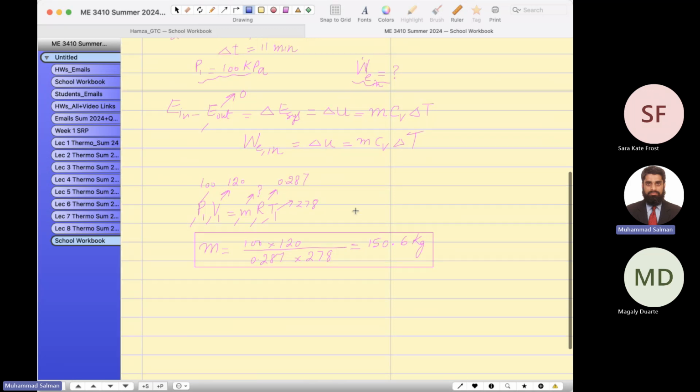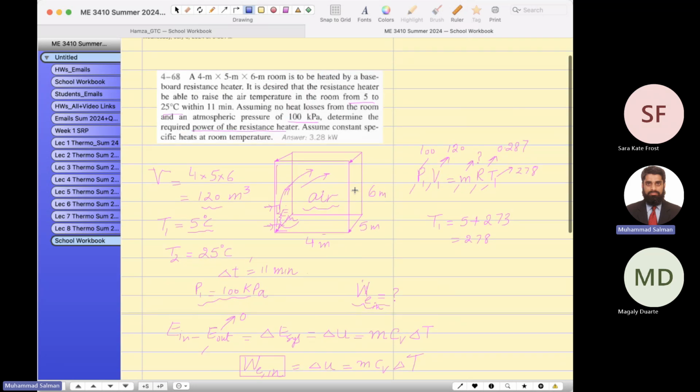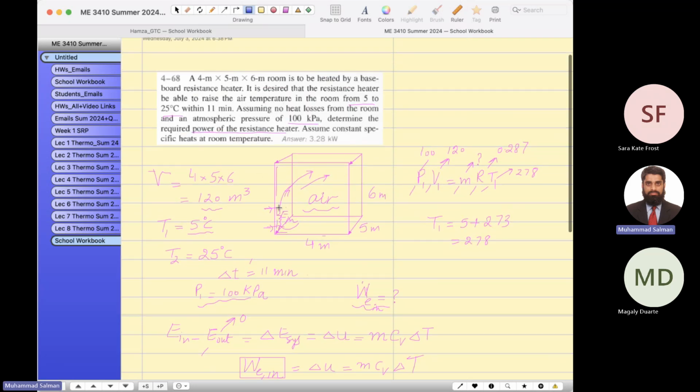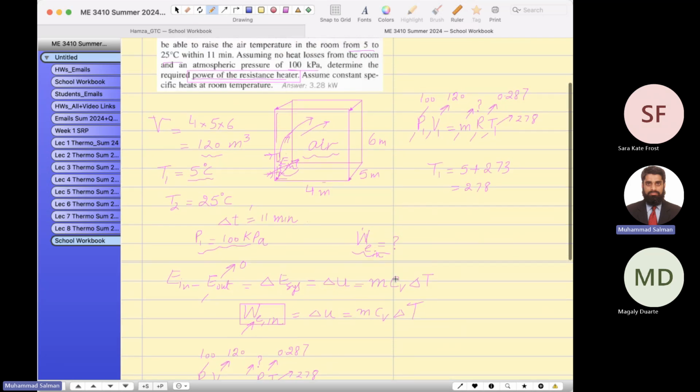So now we are almost done. This is our energy, but we have to determine the required power of the resistance heater. This is the energy going inside the air. So in how much time does it take to increase the temperature?